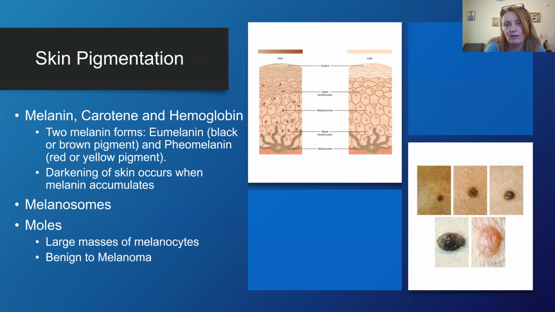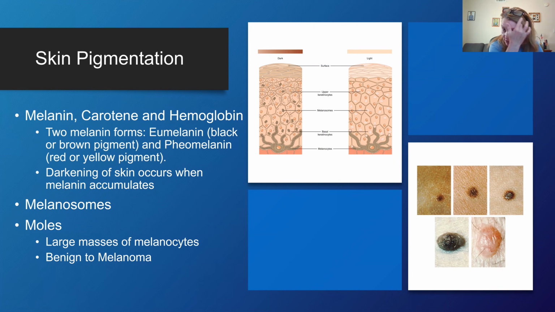Okay, now very quickly about skin pigmentation. So we have 3 pigments: melanin, keratin, and hemoglobin, that affect the color of your skin. The major one, of course, is melanin, and this is the one that you synthesize. Melanocytes synthesize it for you.